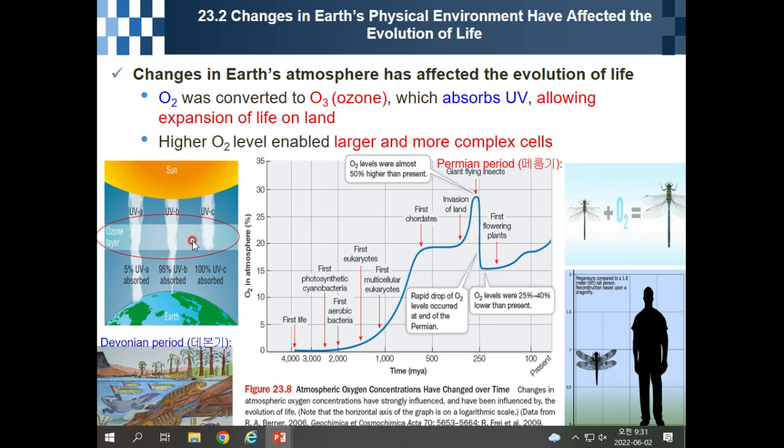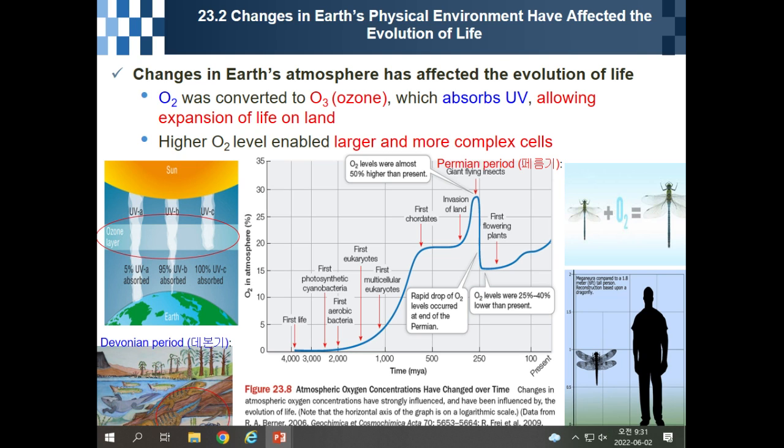For example, it can absorb 100% of UVC and 95% of UVB, but it can only absorb 5% of UVA. Because ozone absorbs UV, it means there is no harmful UV on land.